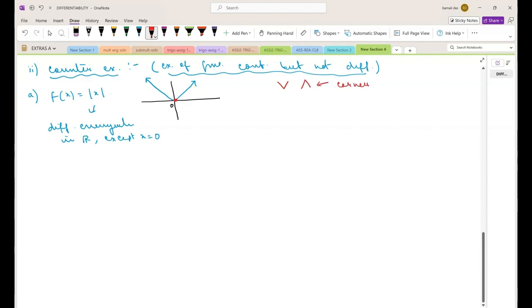Whenever the graph of a function has corners like this, the function is never differentiable at those corner points. So obviously here at x equal to 0 is the corner, so let's check that it is not differentiable. First of all, it is continuous, that you have already done in the continuity part. Also, continuity is obvious from the graph, but that it is not differentiable, let me check once.